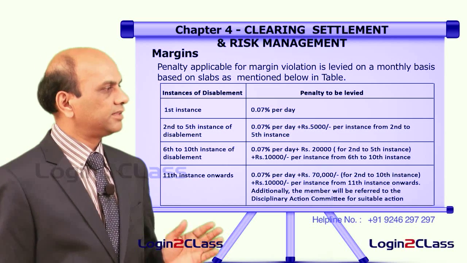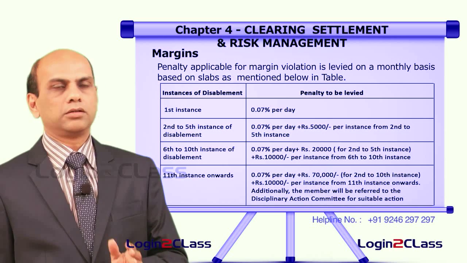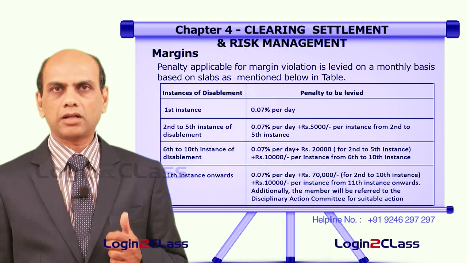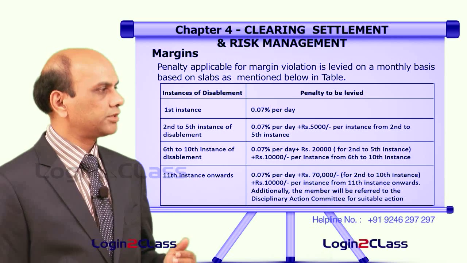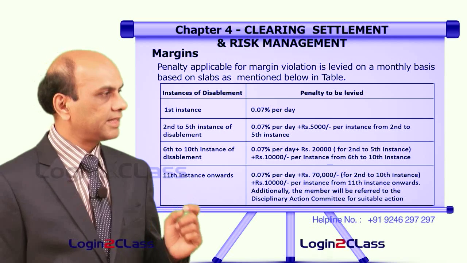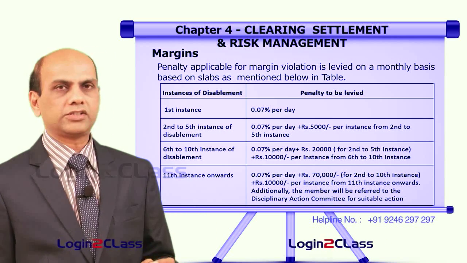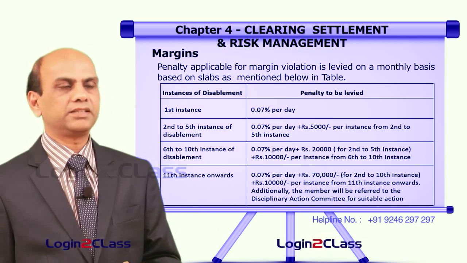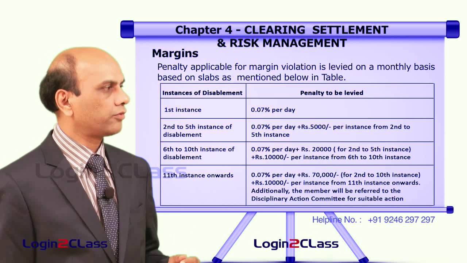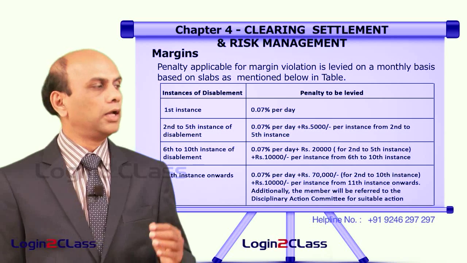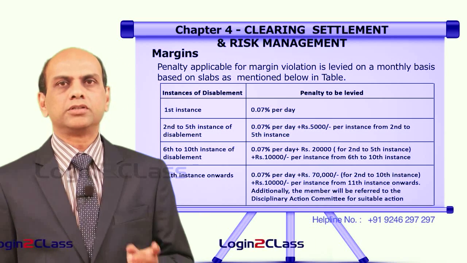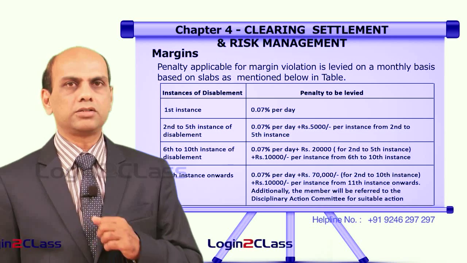For the period 6th to 10th instance of the disablement, then what sort of penalties are levied? 0.07% per day plus 20,000 for second to fifth instance, that is for the next 4 days 20,000 additionally will be charged in addition to 0.07% per day for the shortfall, plus 10,000 per instance from 6th to 10th instance.